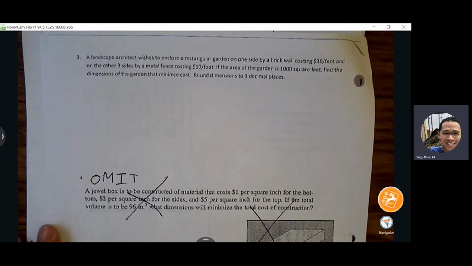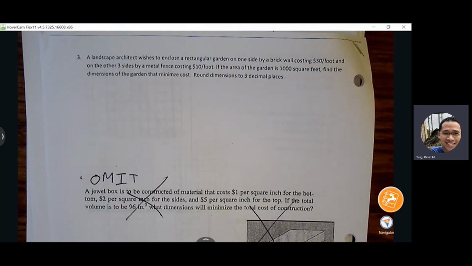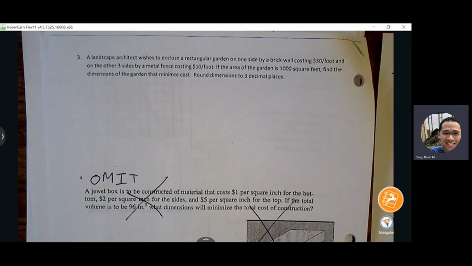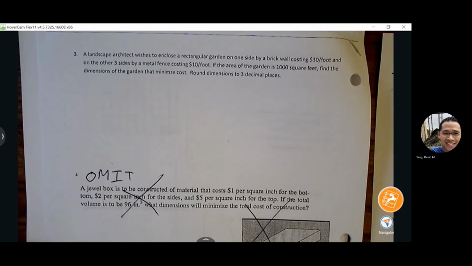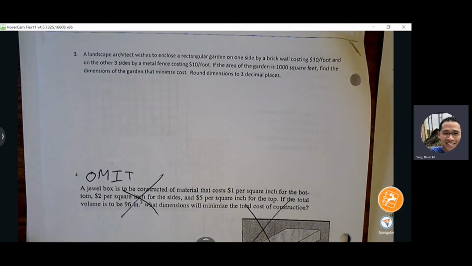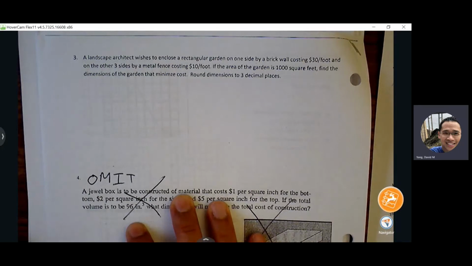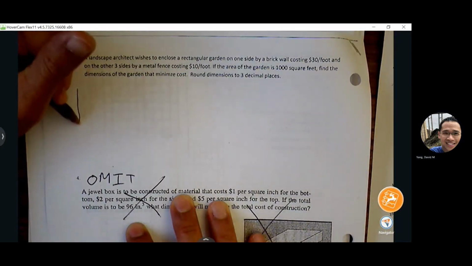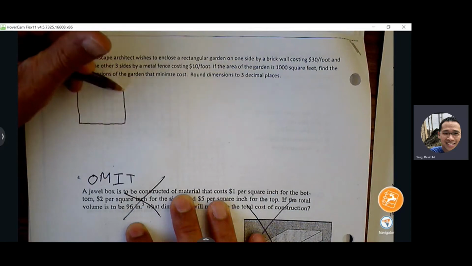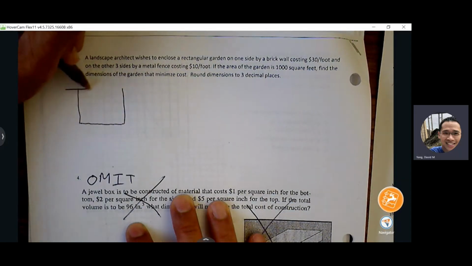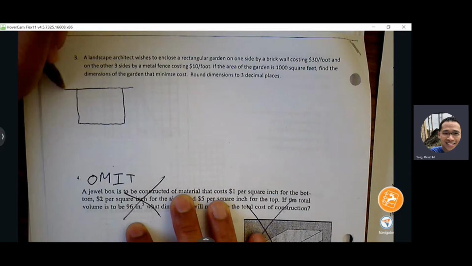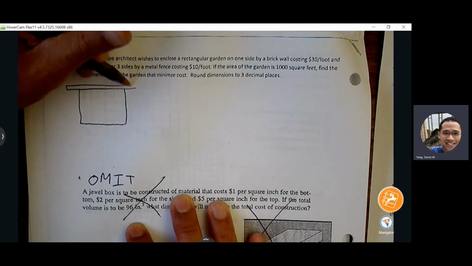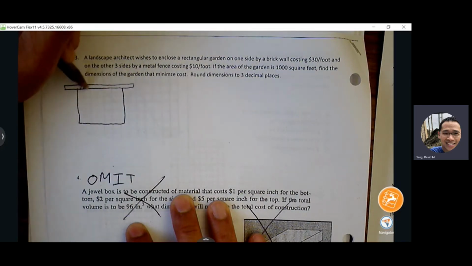There's a landscape architect who wishes to enclose a rectangular garden. So a rectangular garden with a brick wall on one side. There's cost involved. But anytime you see cost, if it's two-dimensional, you know cost is going to be related to perimeter.